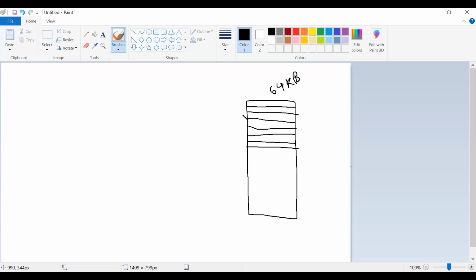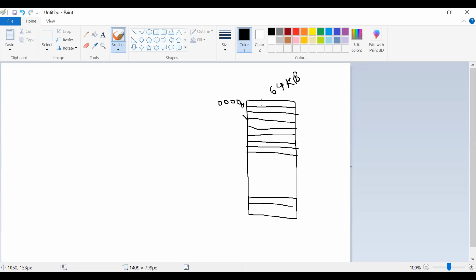So 65,536 locations or spaces are there. Now what is the starting memory address? My starting memory address will always be 0000 in the hexadecimal number system. The memory address is 16-bit, but how much data will be allocated for this space?